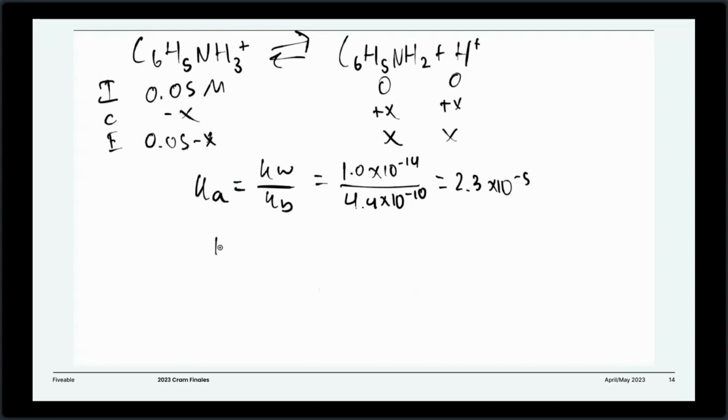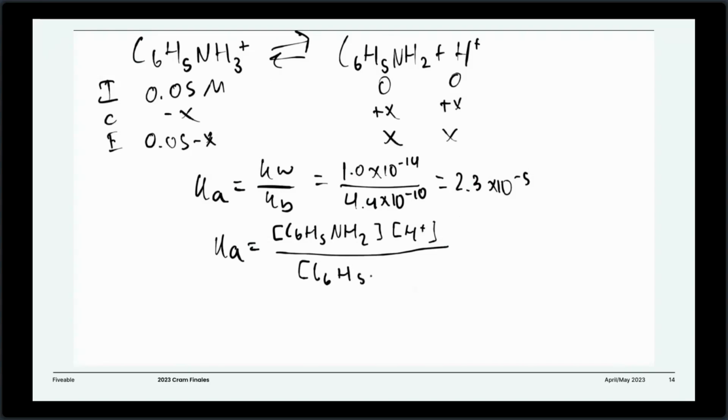Now from there we need to find our Ka formula, and Ka is going to be the products over the reactants, so that's C6H5NH2, or our aniline, times that hydrogen ion, and we divide that by our conjugate acid, which is C6H5NH3 plus.